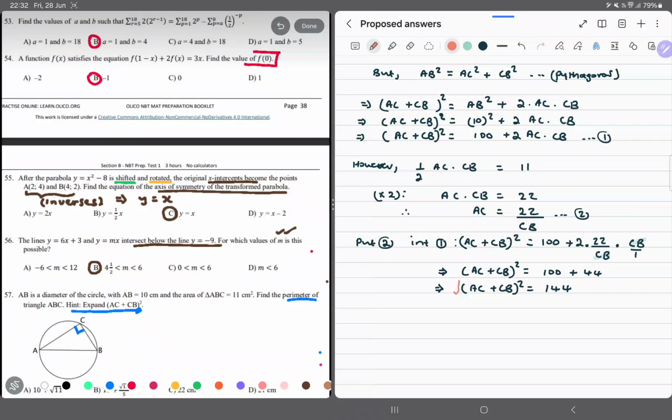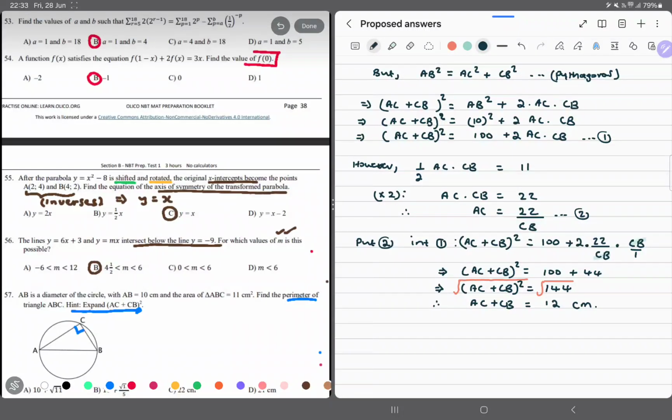And what can we do here? We can take the square root, and then we do the same here. Okay? So therefore, AC plus CB is going to be equal to 12 centimeters.